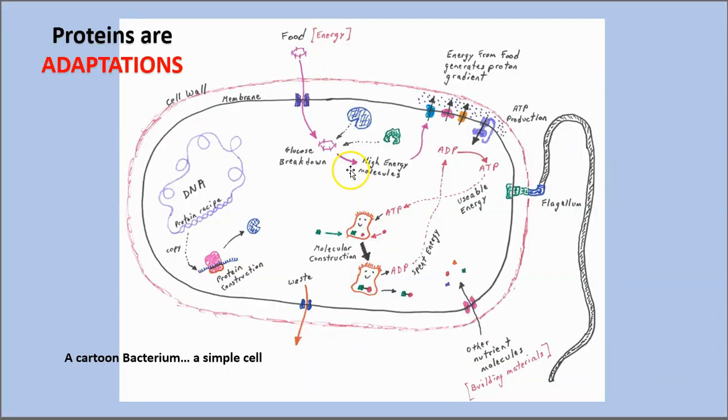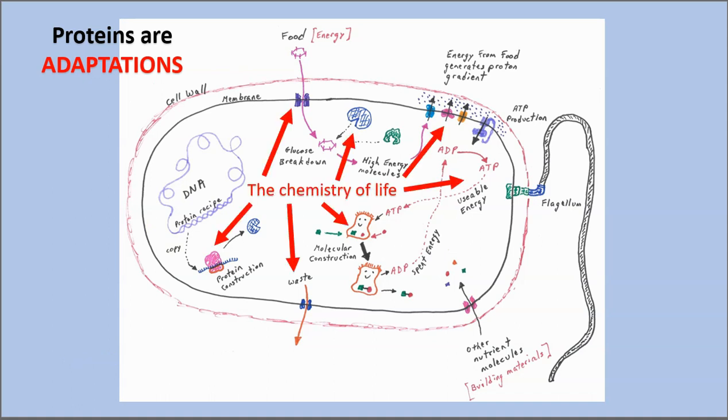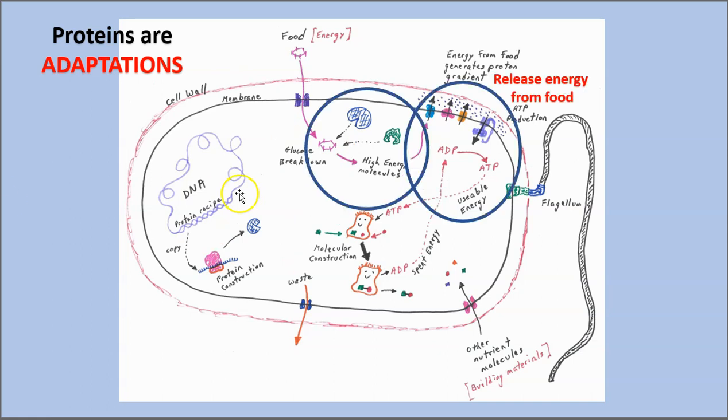Now let's take a look at some of the categories of functions that proteins perform in the cell. When all the proteins are performing all their jobs well, that's what we mean by the chemistry of life. The proteins are functional and they're doing the chemistry to sustain the life of the cell. So what is that chemistry? Well, there are whole teams of proteins tasked with releasing energy from food.